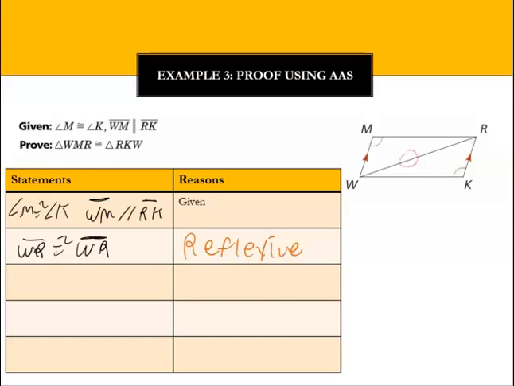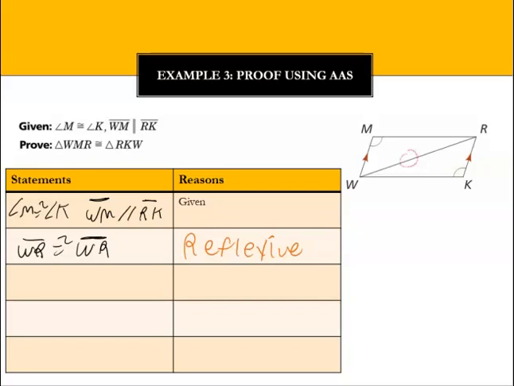Okay, all right, so I've got angle, side. I need another something. Okay, so go ahead and answer the question that's about to pop up, which is, can you prove any other sides in this pair of triangles congruent? All right, if you said no, you'd be correct.